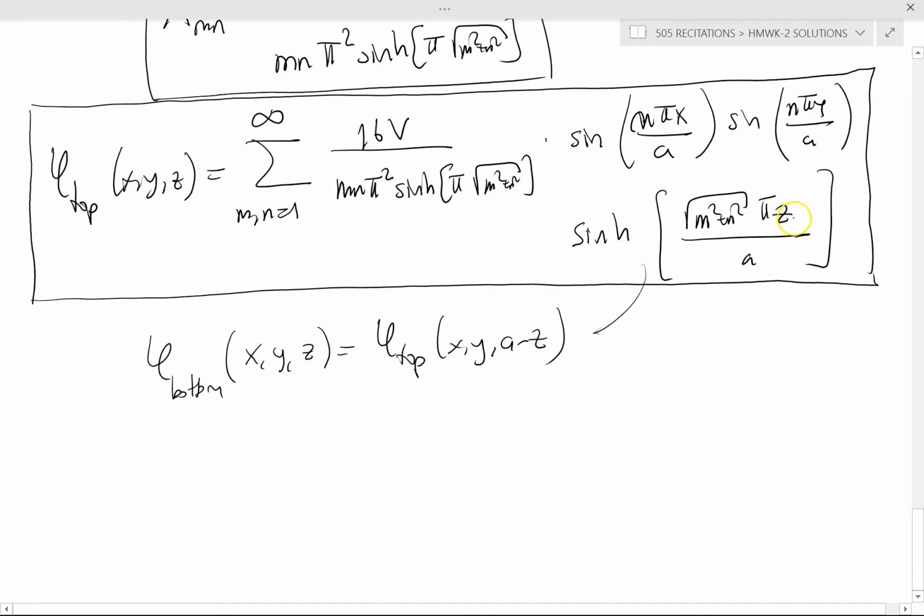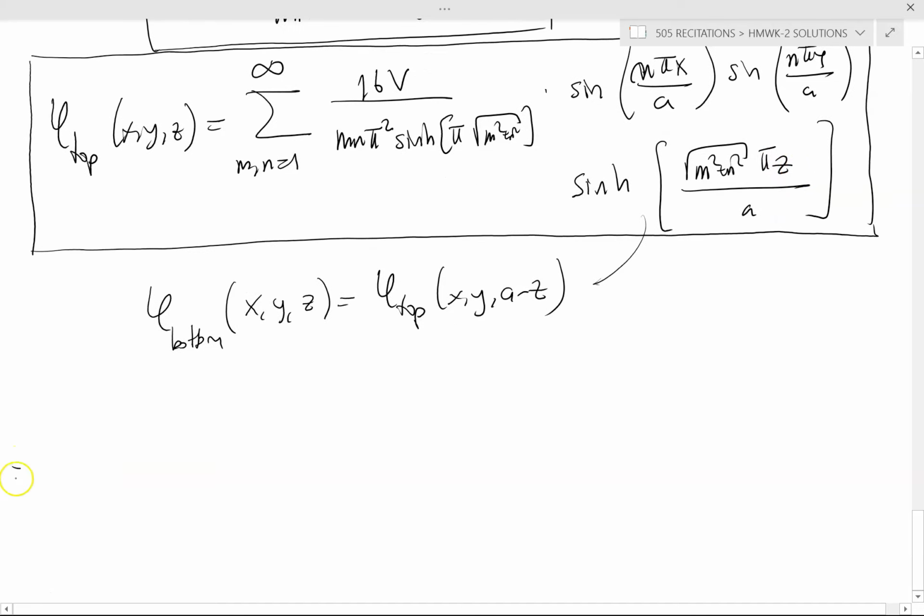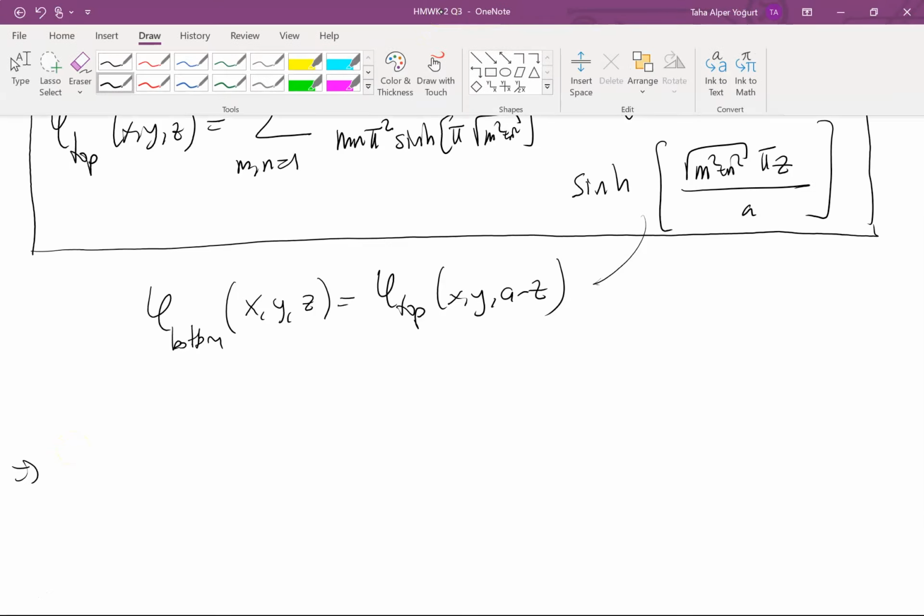Instead of z now, I need to place it as a minus z, which means that psi total, which was the whole purpose, of xyz is equal to, let me copy it from above.